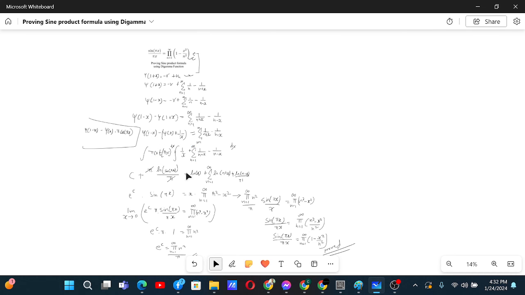After that we took the integral, and after taking the integral we raised to the power of e, and then tried to find the value of the constant using a limit, and we got the formula.